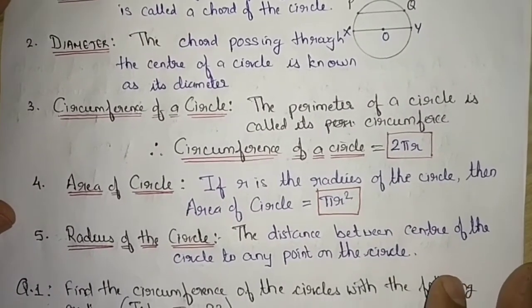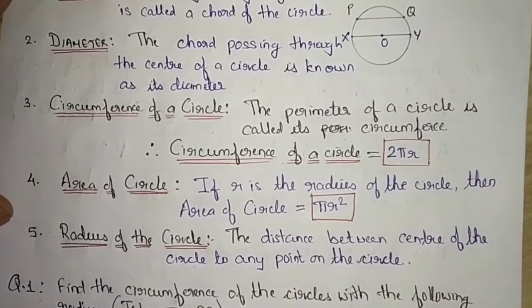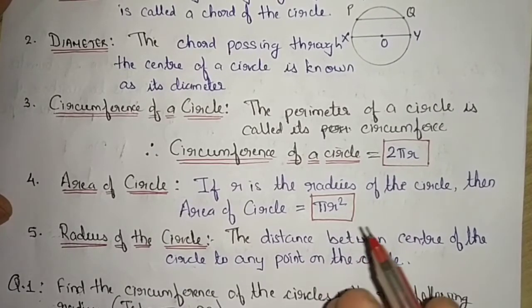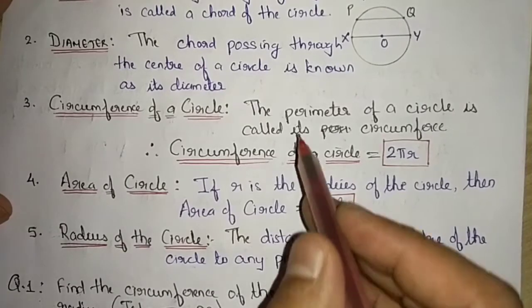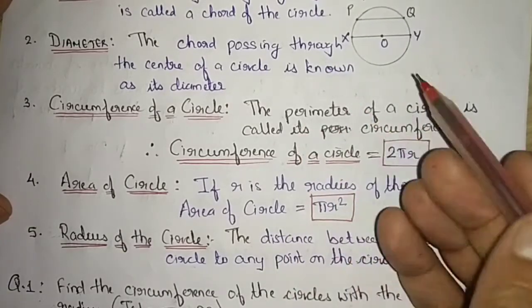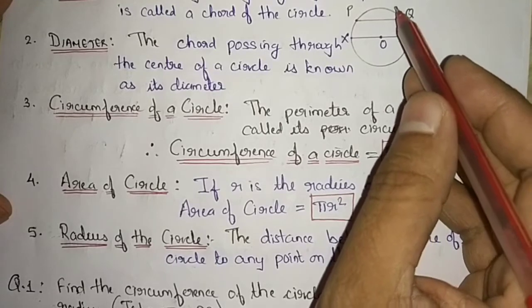Now coming to the circumference of the circle. Till now we have been finding the perimeter of a rectangle, triangle, parallelogram. In the same way, the perimeter of the circle is called the circumference of the circle.